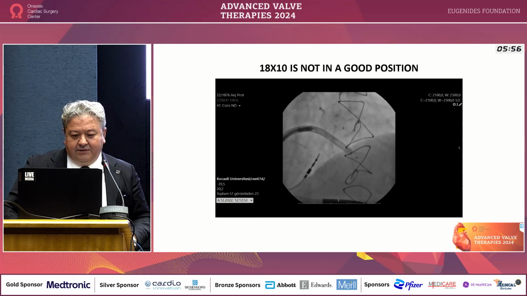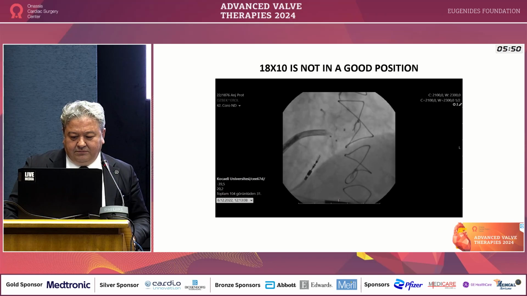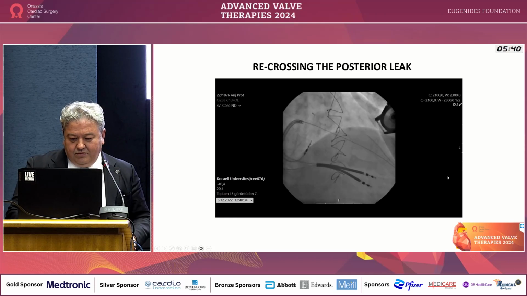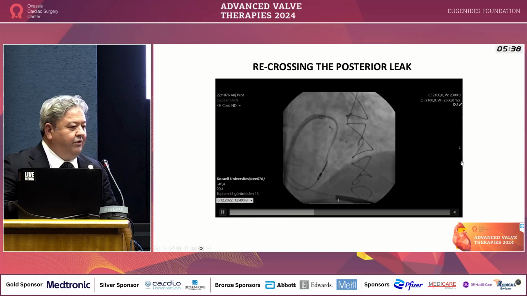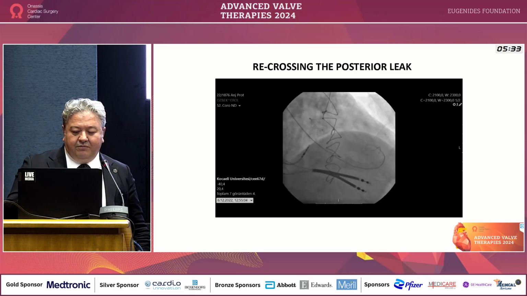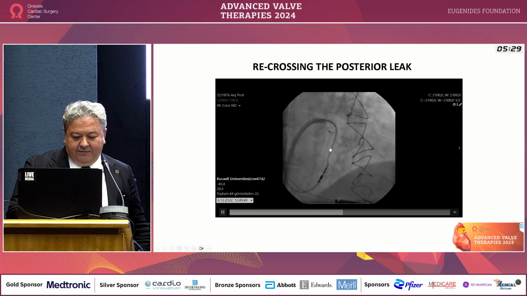As you see, the 18 millimeter device is not in a good position. If there was a wire loop, for example, there was no need to recross the leak. So we changed the wire loop there, and we recrossed the posterior leak again with the modified pigtail approach.